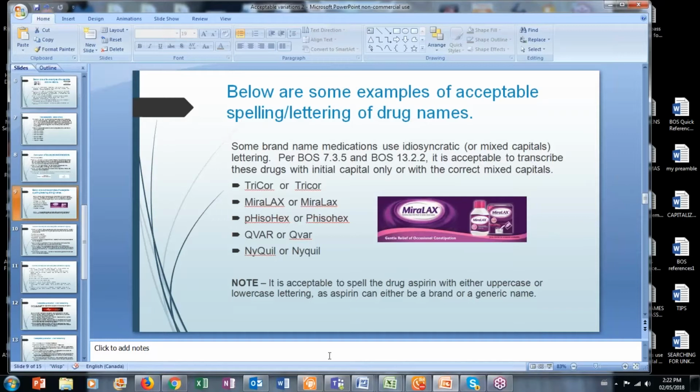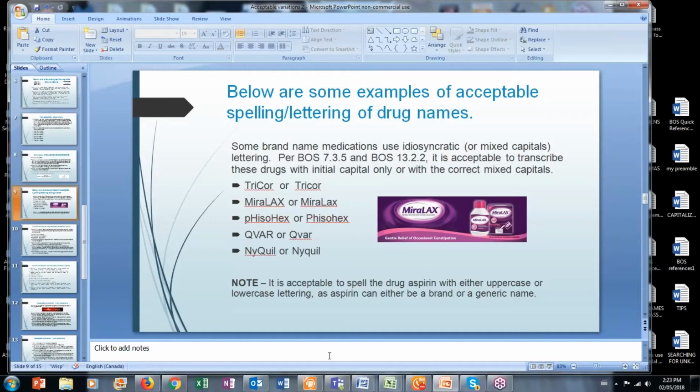Okay, so below are some examples of acceptable spelling and lettering of drug names. Some brand name medications use idiosyncratic or mixed capitals lettering per BOSS 7.3.5 and BOSS 13.2.2.